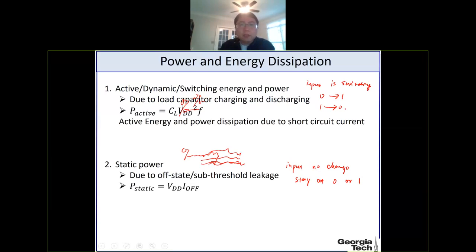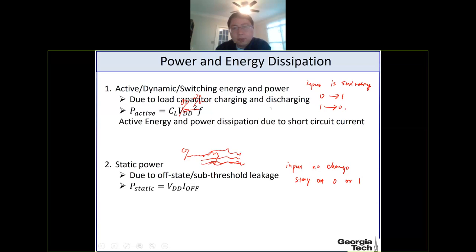So here for the power and energy, we have two categories. The first one is the active dynamic switching energy and power. This is when the input signal is switching, like your inverter, you have your input switching from 0 to 1 or 1 to 0. Then the inverter will charge and discharge because you have a load capacitor as output.